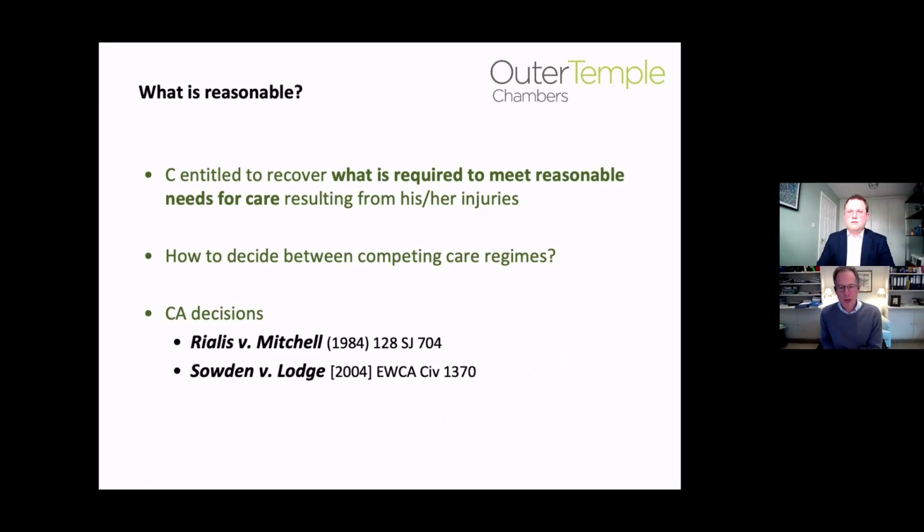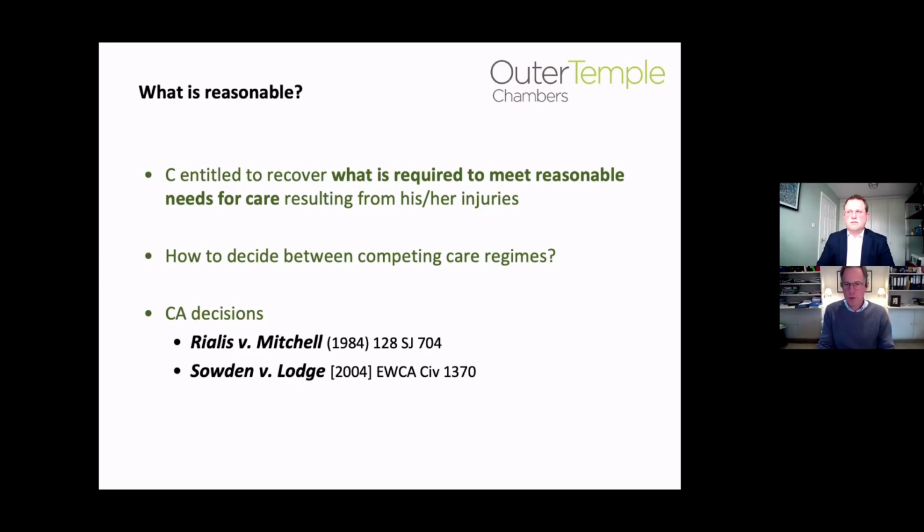And it's with that in mind in particular that I want to spend a little bit of time looking at the case law on future care and the principles applicable in this context. There are two leading authorities in the area, quite old now, Roberts and Mitchell in 1984 and Sarwar and Lodge in 2004, both of them Court of Appeal decisions.